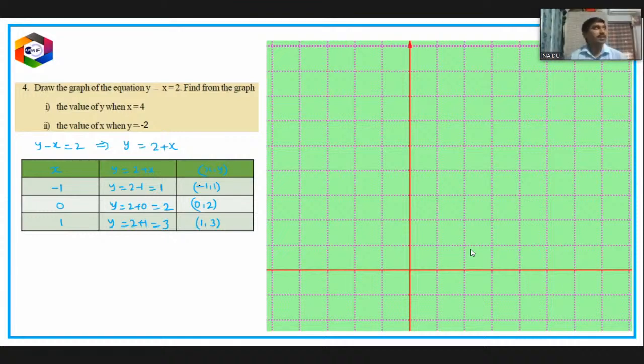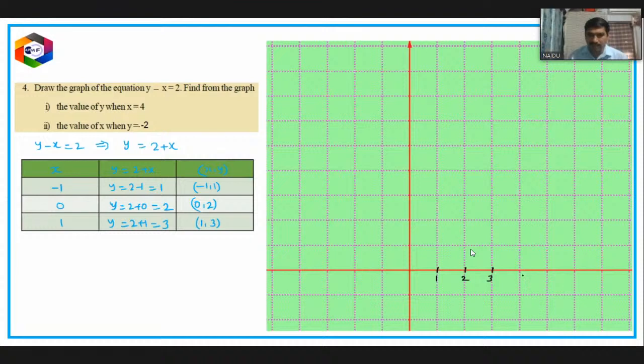Yes, children. Here, on the x-axis 1 centimeter is 1 unit only that I am taking. This is 1. This is the scale we have to think of before drawing the graph. 4, 5, 6 and 7.